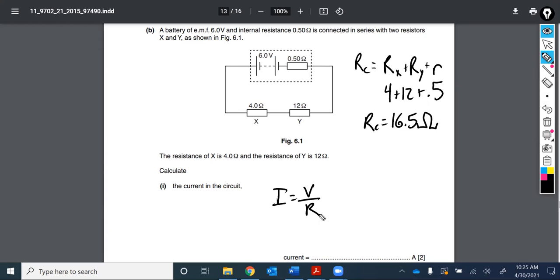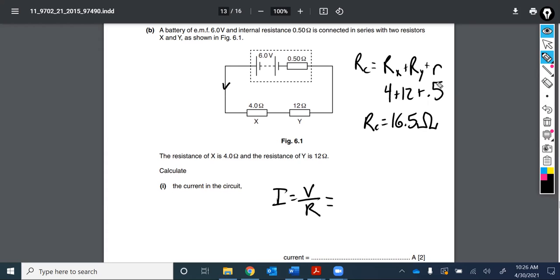All right, so the current, I, for the series circuit, the current's the same everywhere, so there's one answer for this. Since we've already accounted for the fact that there's going to be some lost volts, we're just going to use this voltage. In other words, we already know that there's a resistor in here, so we don't have to calculate the terminal PD. In fact, we couldn't because we don't know what the current is yet.